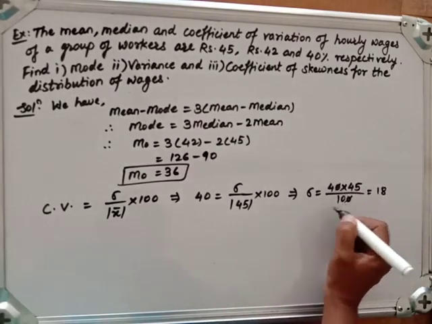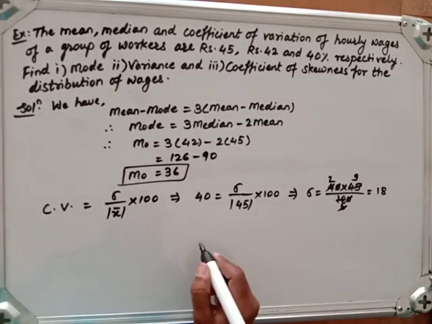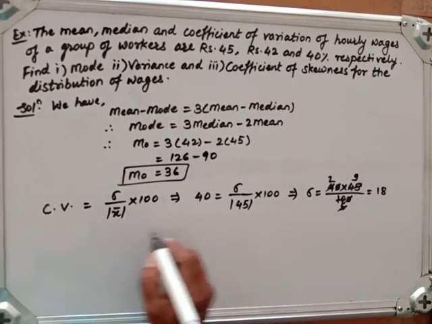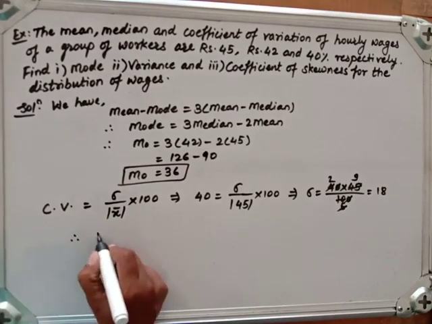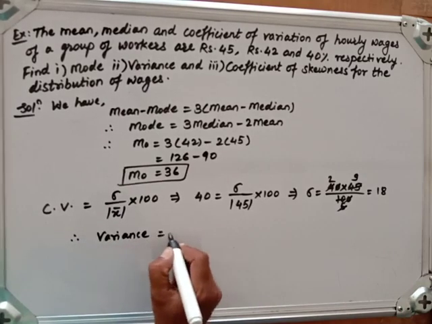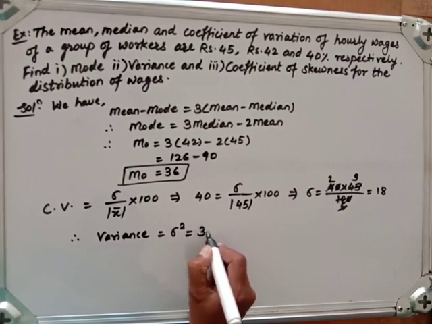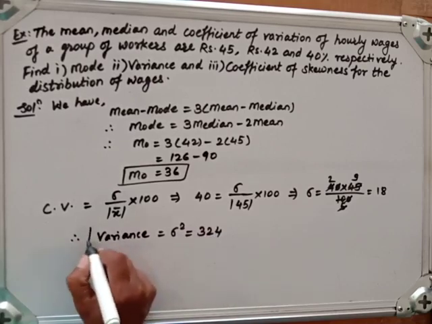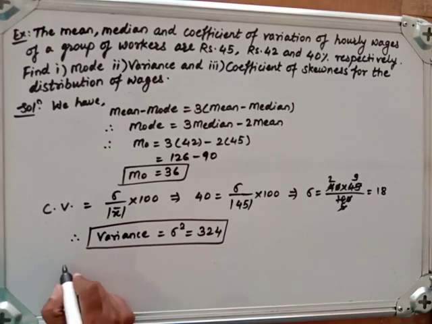These get cancelled. Look here, this is 2, this is 5 and this 5, so it will give 9. So 2 nines are 18. So sigma is equal to 18. Therefore variance equals sigma square, that is 18 square, so 18 square is 324. Okay. Now the question left is for coefficient of skewness.